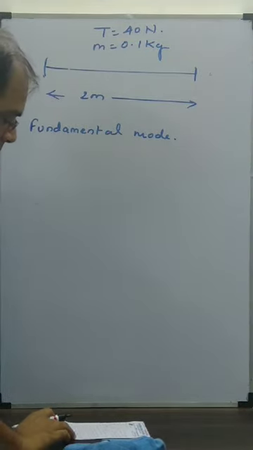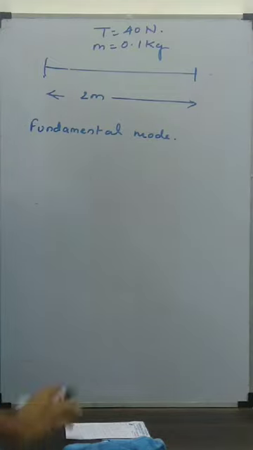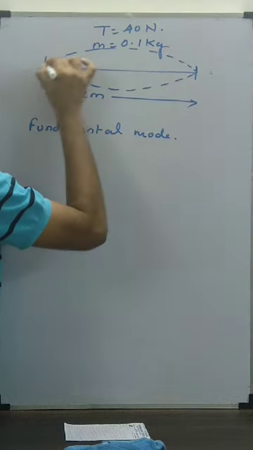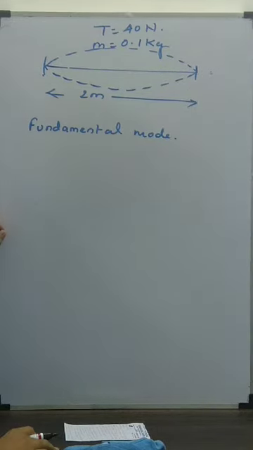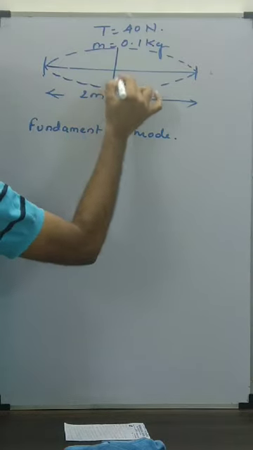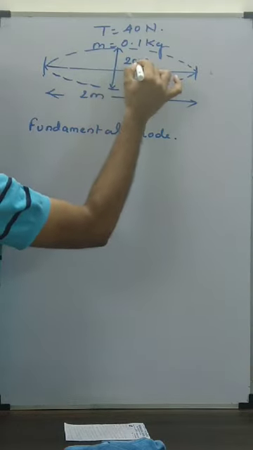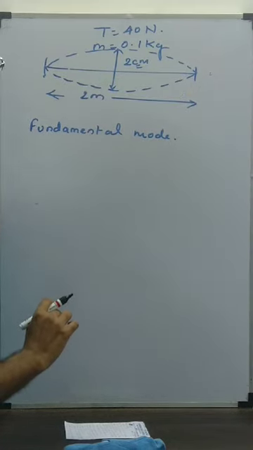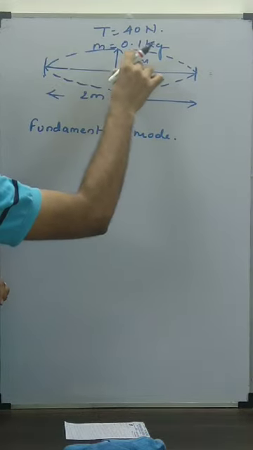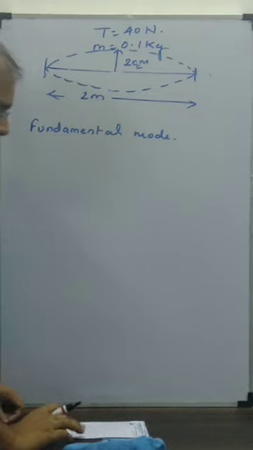Because it's a fundamental tone, that means it's like this. At the middle of the wire, there is an antinode, and the amplitude is 2 centimeter. Then find the maximum kinetic energy of the wire.